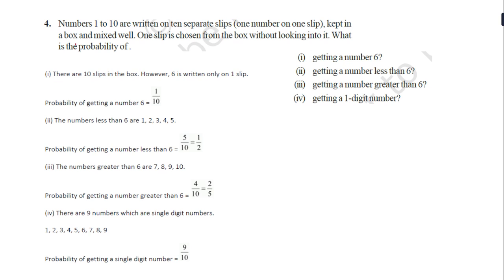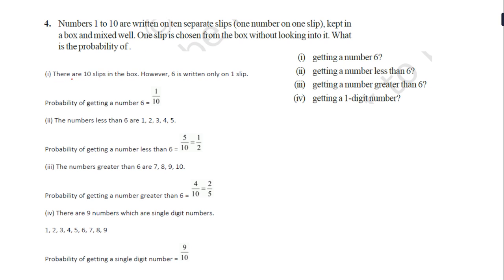Again I repeat the question. What is the probability of it?